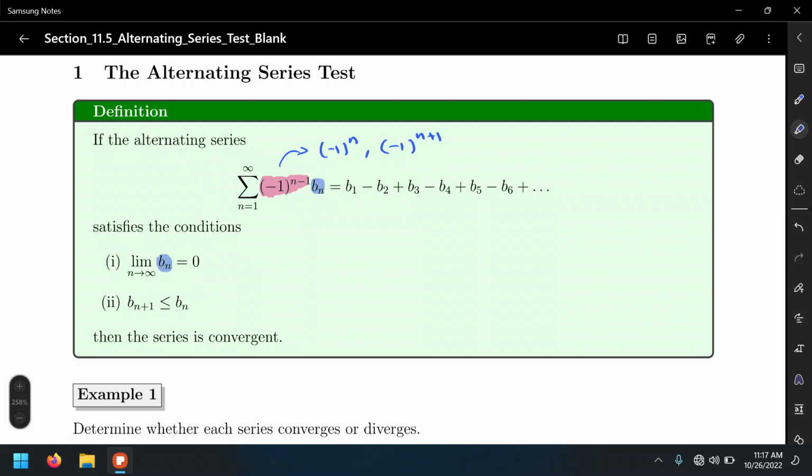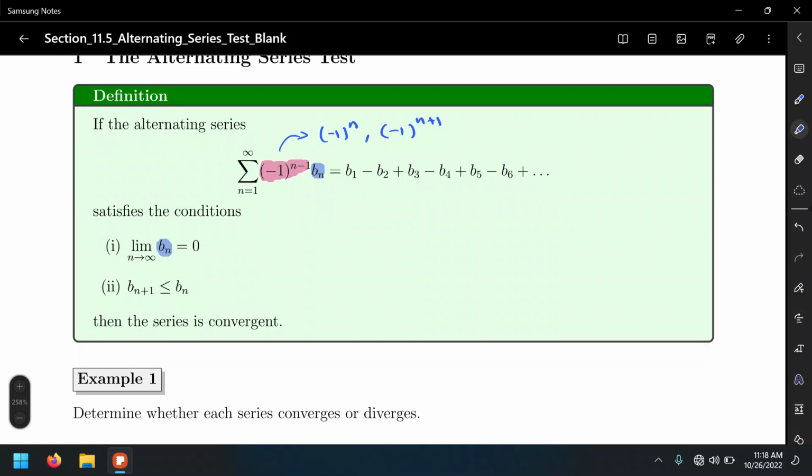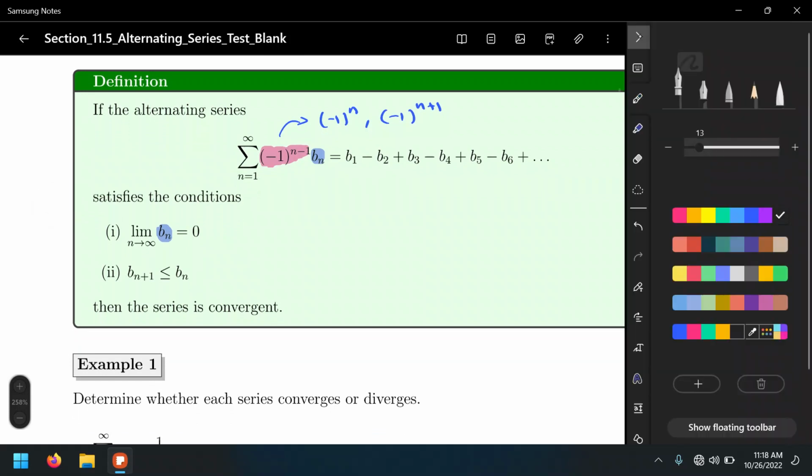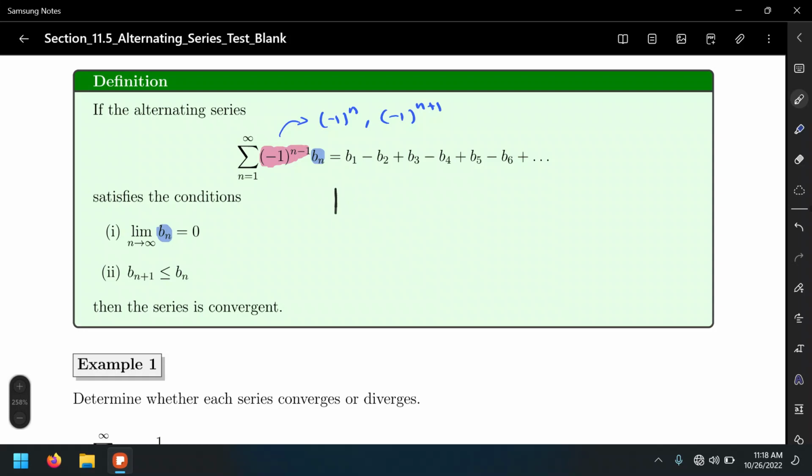So that b sub n plus 1, which is the next term, is smaller than the previous one, and that depicts a decreasing sequence. Now why does that have to be a decreasing sequence? Let's do a brief picture of this.